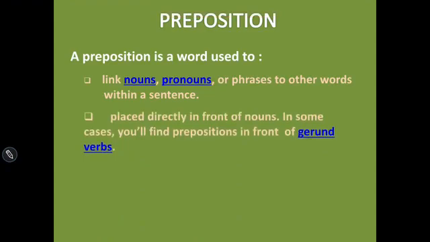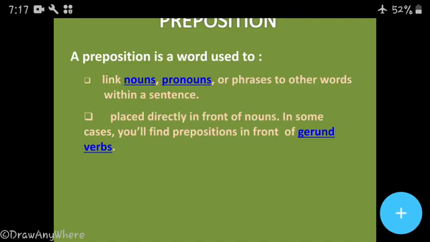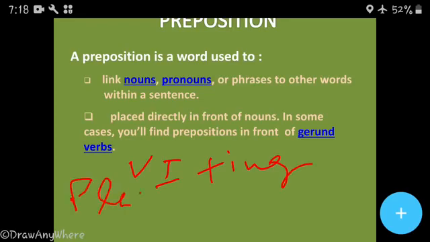Prepositions are placed directly in front of nouns, meaning before nouns. In some cases, you will find prepositions in front of gerund verbs. What are gerund verbs? Gerunds are formed when the first form of a verb is used plus ing. For example, I say play plus ing.